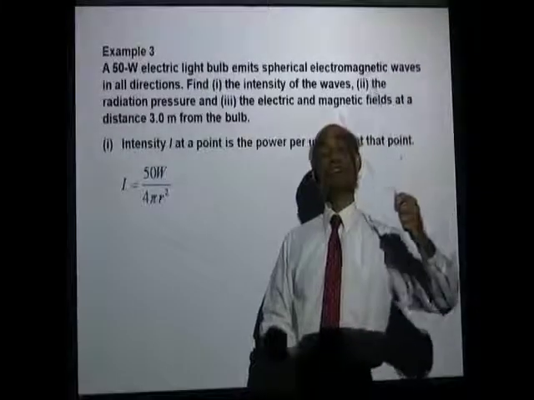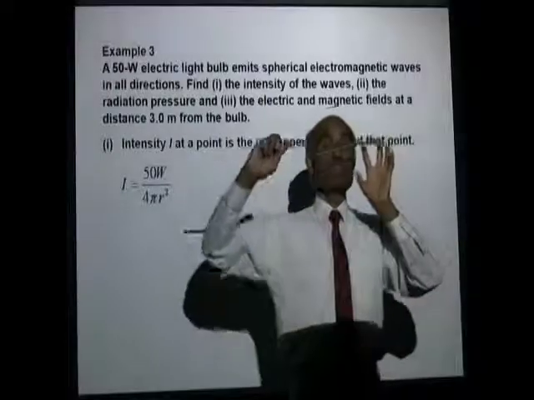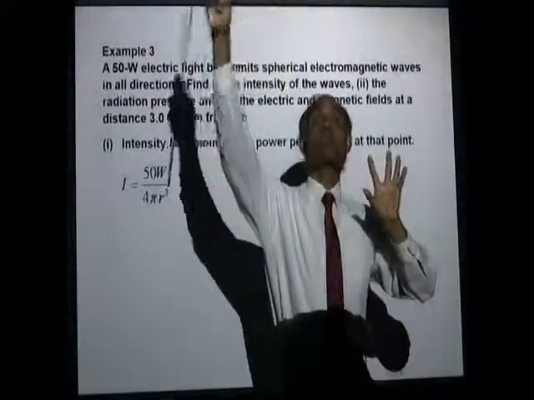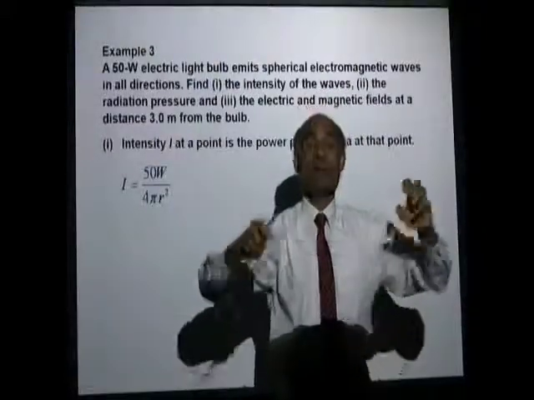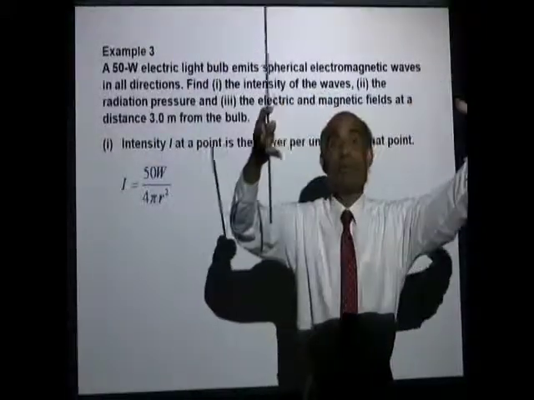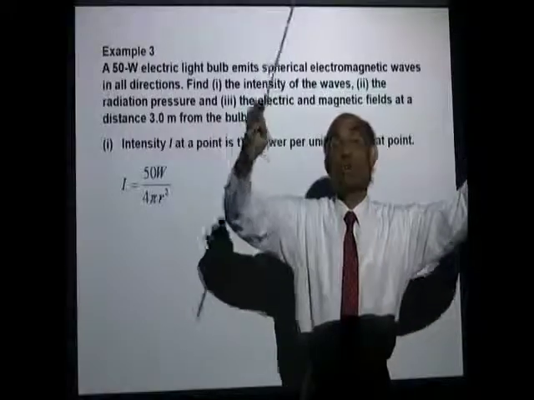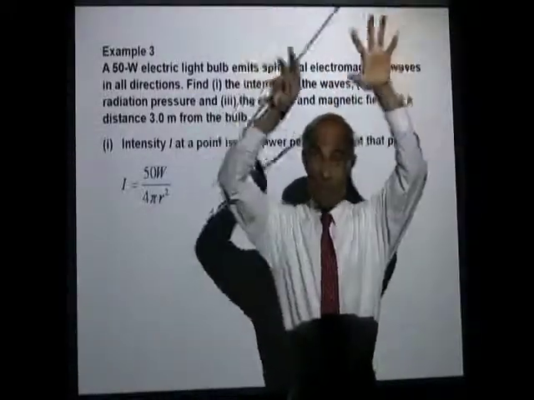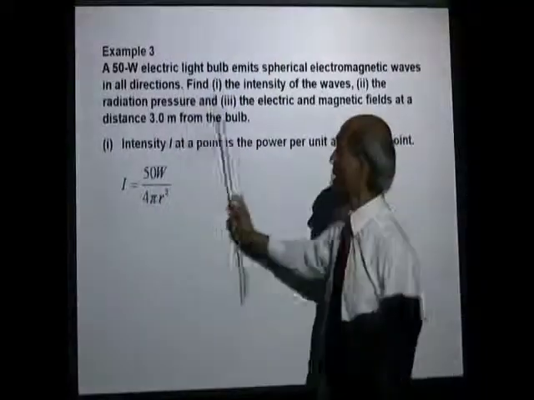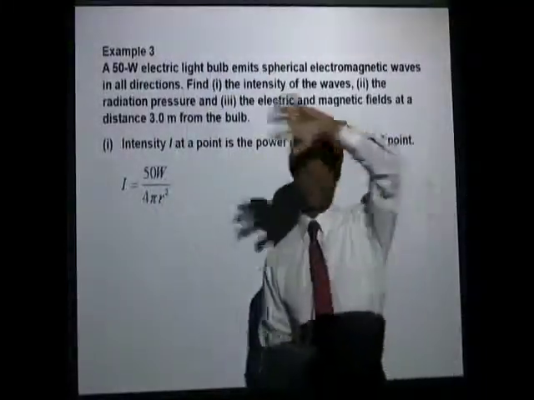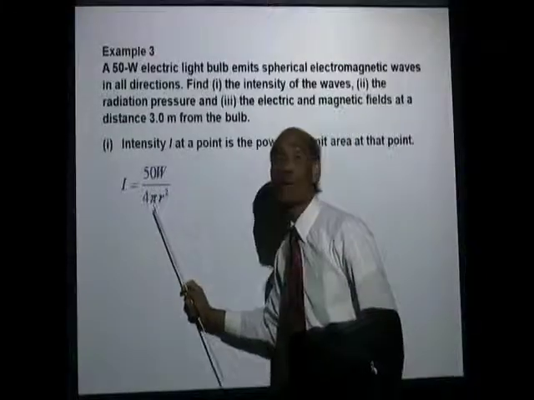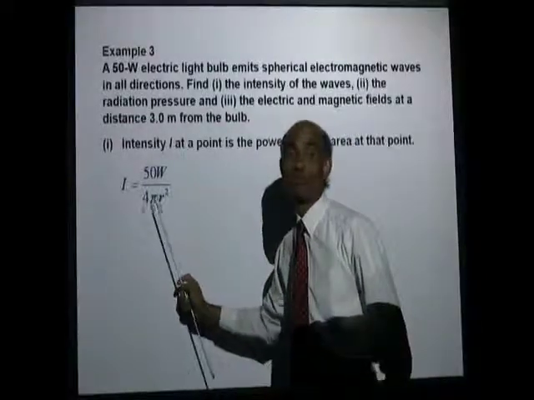That's the distance r, and you can see if I construct a sphere of radius r, the total power going out of that sphere will be the total power. If you divide by 4 pi r squared, which is the area of that sphere, that will give you the power per unit area. I hope you understand that.